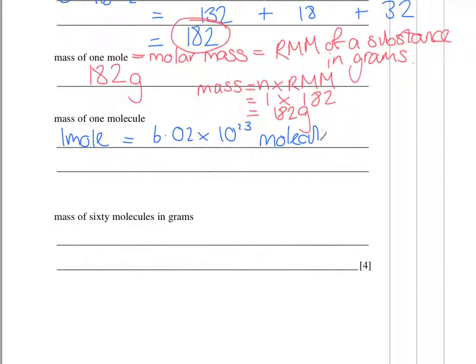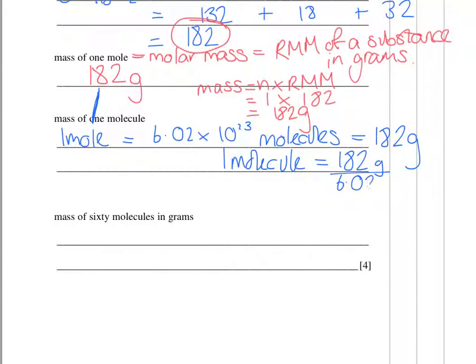And we know that 1 mole is equal to 182 grams. So 6.02 times 10 to the 23 molecules are equal to 182 grams. So if we now want 1 molecule, we need to divide 182 grams by 6.02 times 10 to the 23.